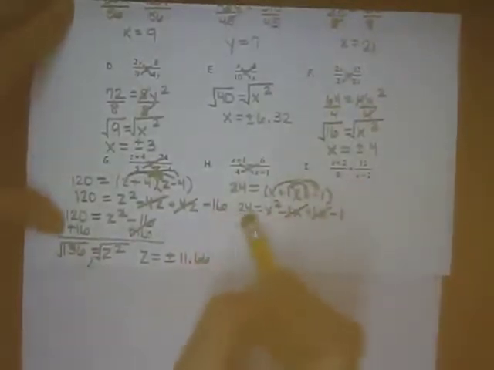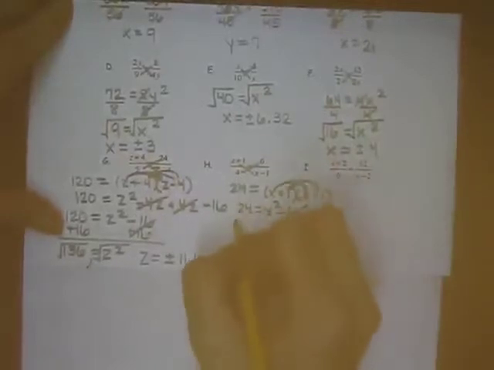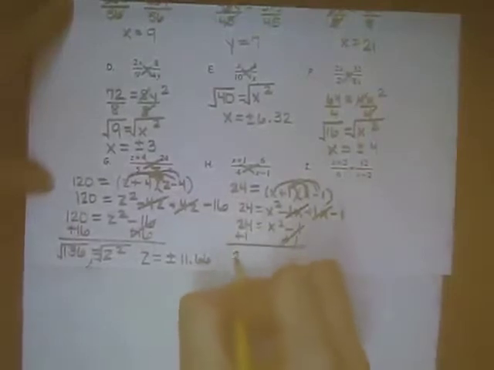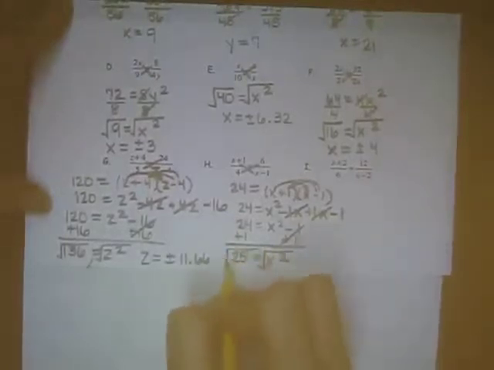Once we do that, my two middle terms here again will cancel. So in this situation, I have 24 equals x squared minus 1. We then continue and solve. Going to add 1. 25 equals x squared. And then I must undo the square with a square root. And because it was a square, you will get plus and minus 5 as your solution.